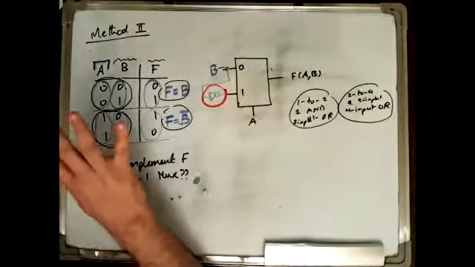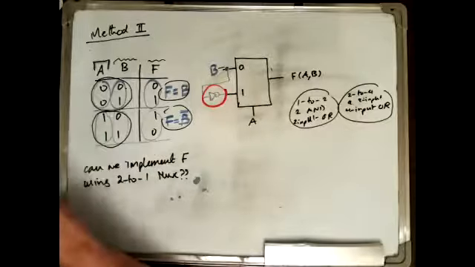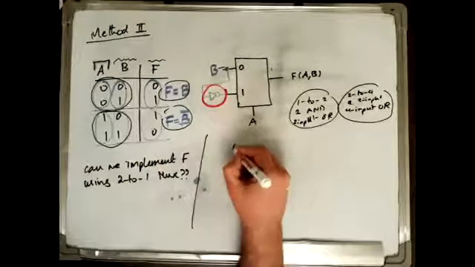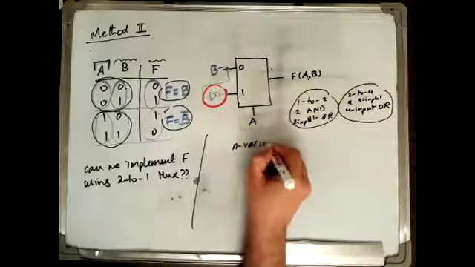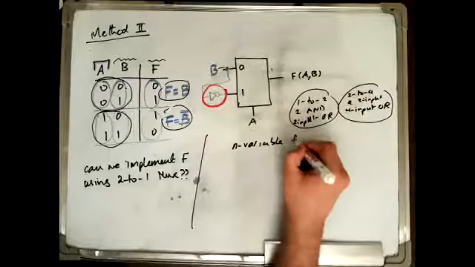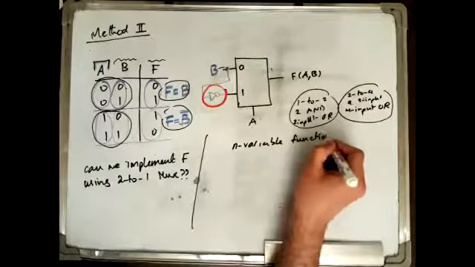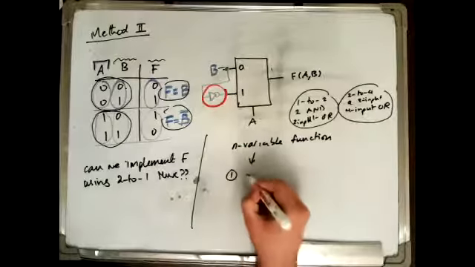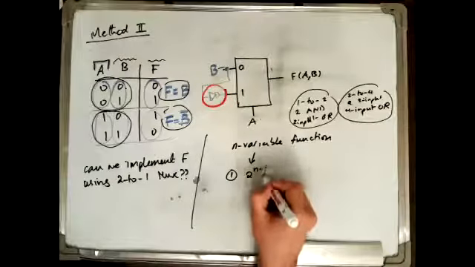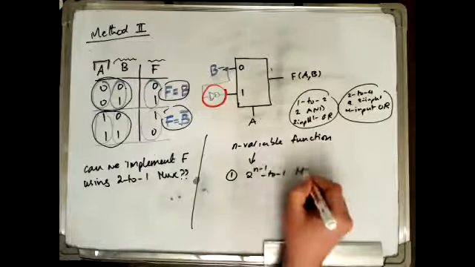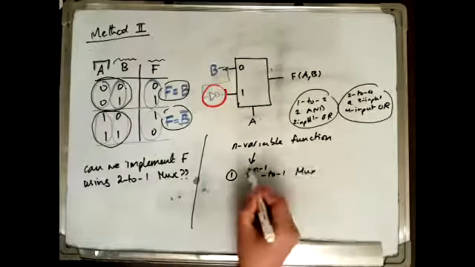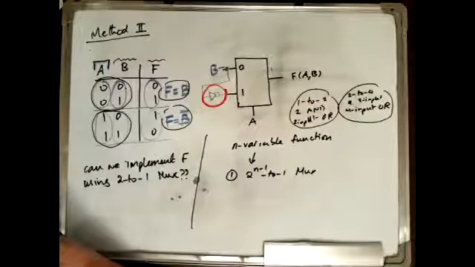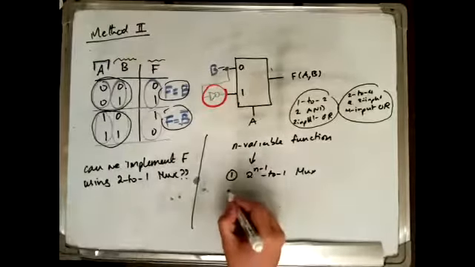So basically, method number 2, in order to implement an n-variable function using a multiplexer of smaller size, we can implement it using a 2 to the power n minus 1 to 1 mux. So the size of the multiplexer is halved. It is half of the one we used in method number 1.